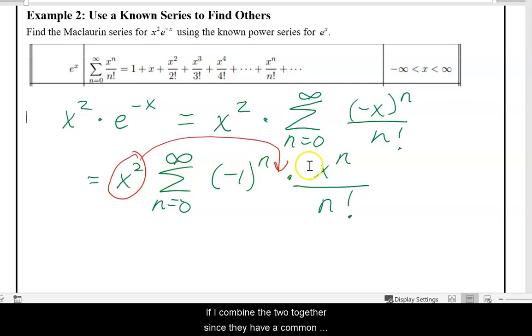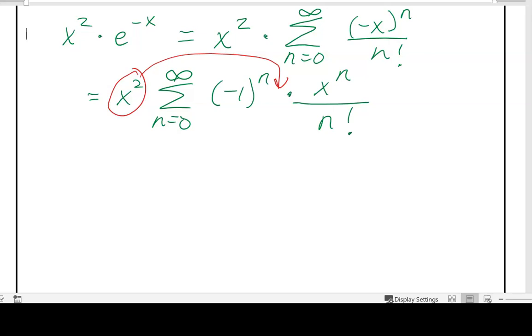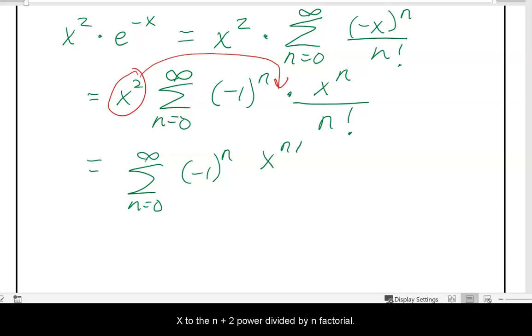If I combine the two together, since they have a common base of x, I would simply add the powers. This would then lead to the sum from n equals 0 to infinity of negative 1 to the nth power x to the n plus 2 power divided by n factorial.